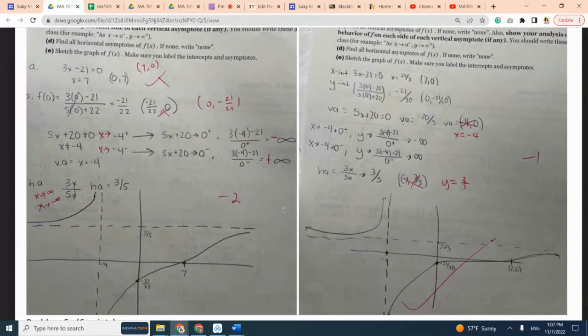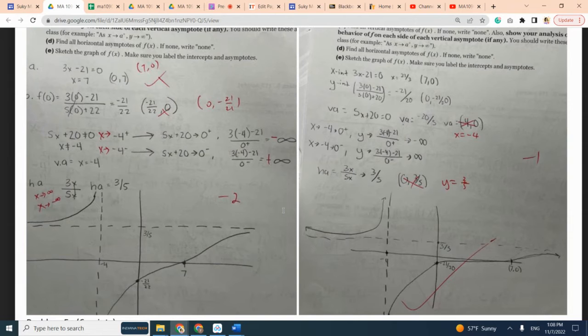And then x goes to -4, y goes to, see, negative number over 0 plus is minus infinity. Here, negative number over 0 minus is plus infinity. And the picture's right. And also, please mention end behavior, okay? When you let x go to infinity and x go to minus infinity, your y behaves like that. Okay, so don't miss that.